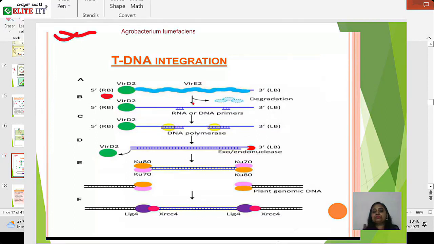Now there will be degradation, so this is initially double stranded, now it is single stranded. Now what will happen? DNA polymerase, again double stranded.